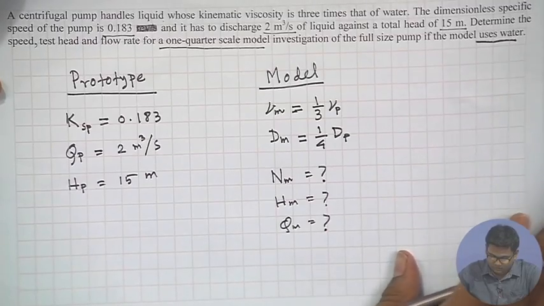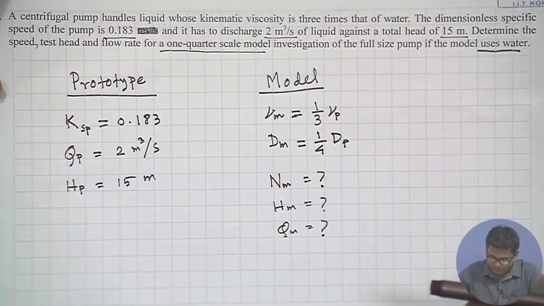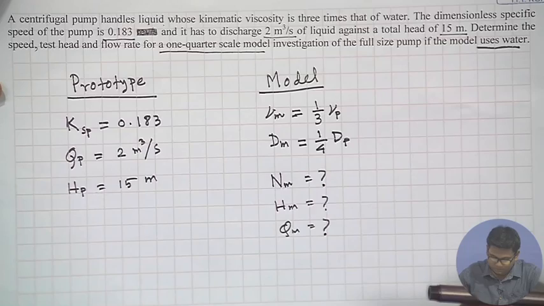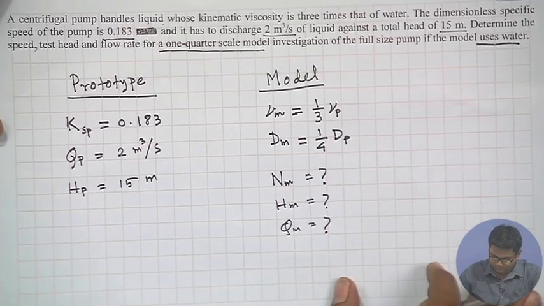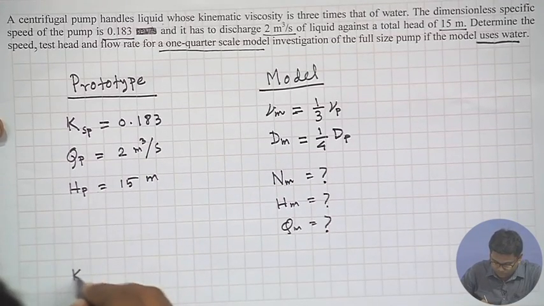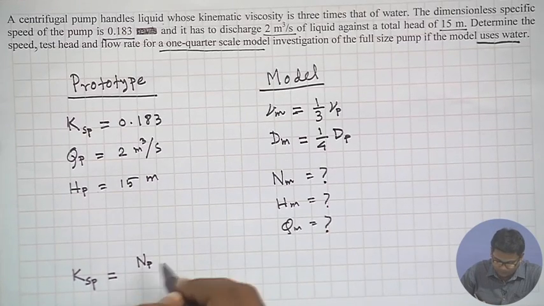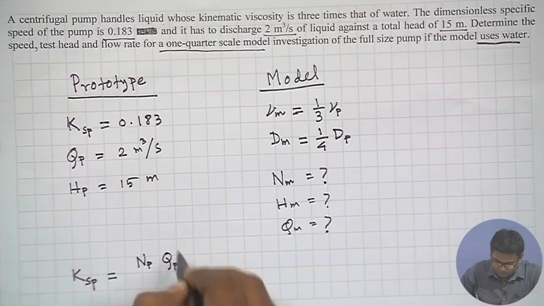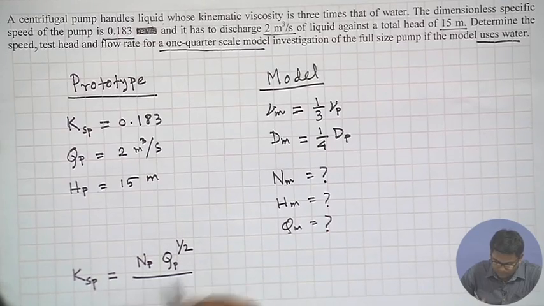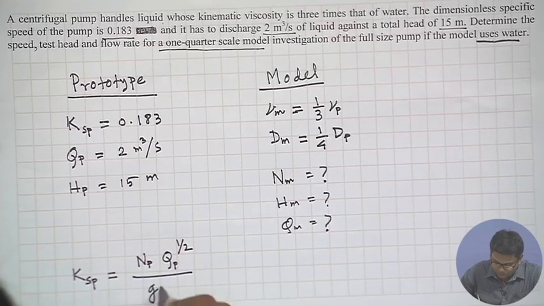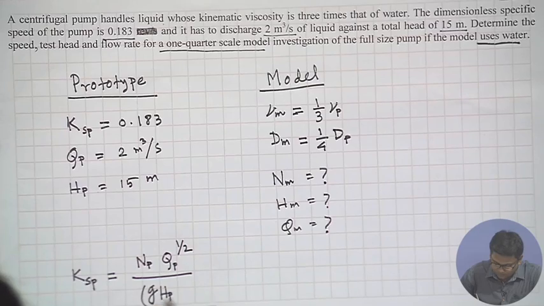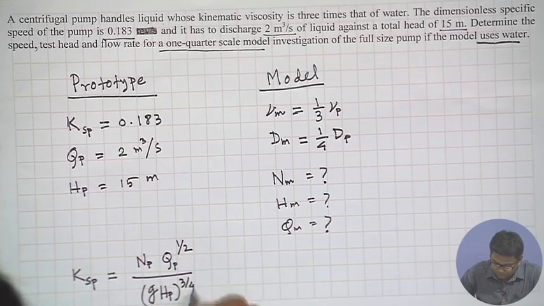Now let us first start with determination of the speed of the prototype pump. We know that the specific speed of a pump is given by the speed of the pump times the flow rate to the power half divided by gHP to the power 3/4.